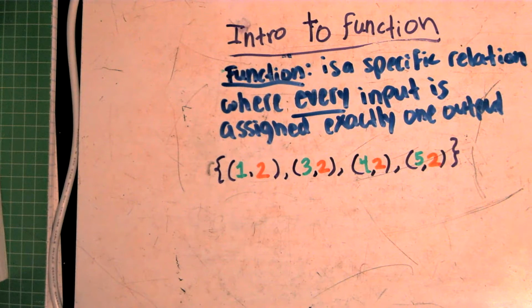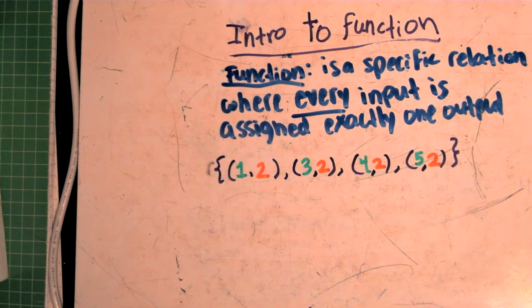Okay. So this particular relation is a collection of these 4 points that contain an element from each of the two sets, the domain and the range. And we are being asked, is this relation a function?